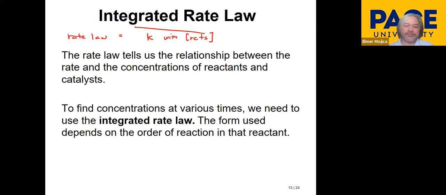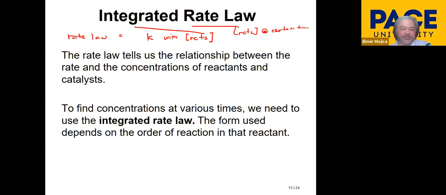Now, we can also use that rate law to determine the concentration of reactants at a certain time. As mentioned here, the rate law tells us the relationship between the rate and the concentration of the reactants and the catalyst. To find the concentration at various times, we need to use the so-called integrated rate law. The form used depends on the order of the reaction.